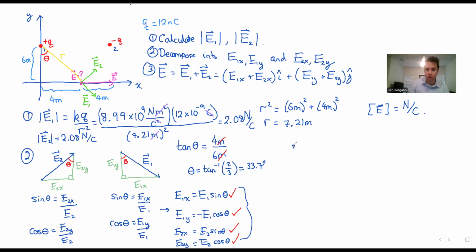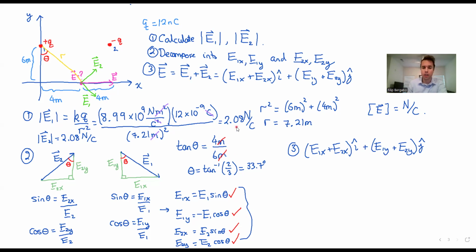Here with step 3, I know that I want to write E1x plus E2x times i hat plus E1y plus E2y j hat. So looking at our results down here, before you even put numbers in, can you see a cancellation that we will have?